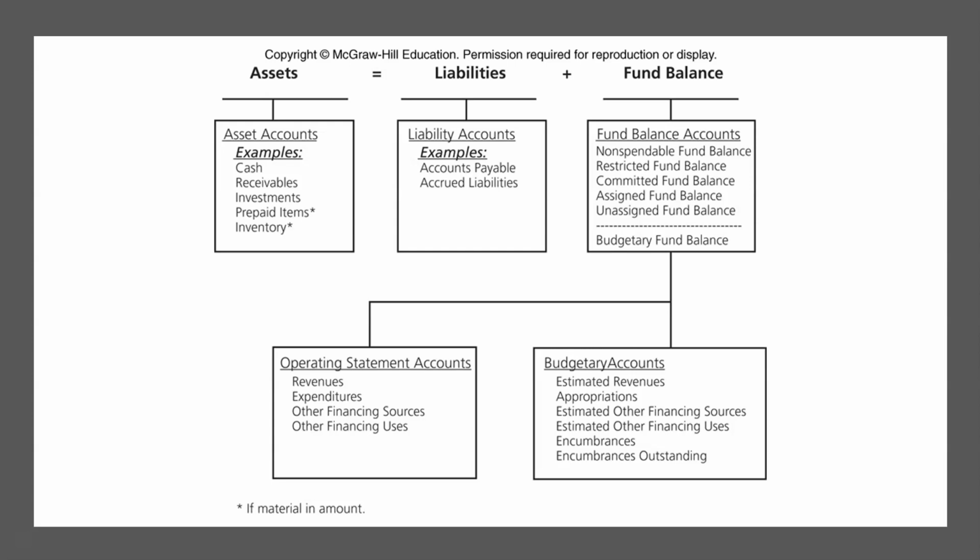You're also going to see something called other financing sources and other financing uses. Those are classifications for things that are a source of funding for us, but don't meet the definition of a revenue. Just like other financing uses don't meet the definition of an expenditure, but are a use.